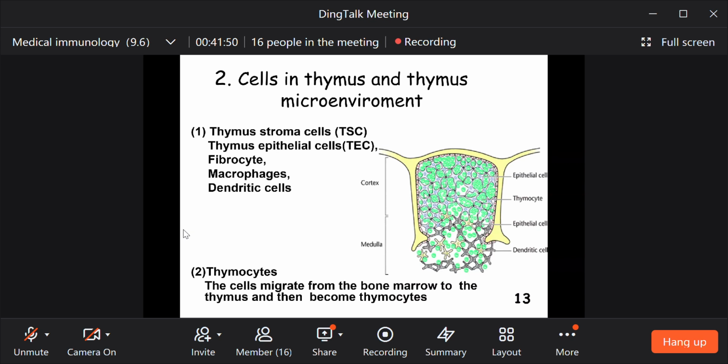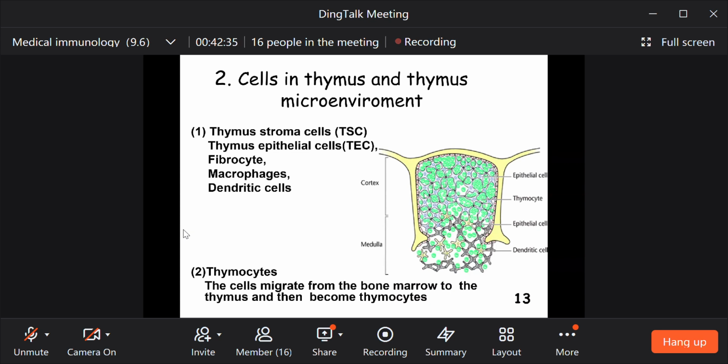Group one is stromal cells, and this kind of cell includes four kinds of cells, such as thymus epithelial cells, fibrocytes, macrophages, and dendritic cells. Those four kinds of cells provide a unique thymus microenvironment.